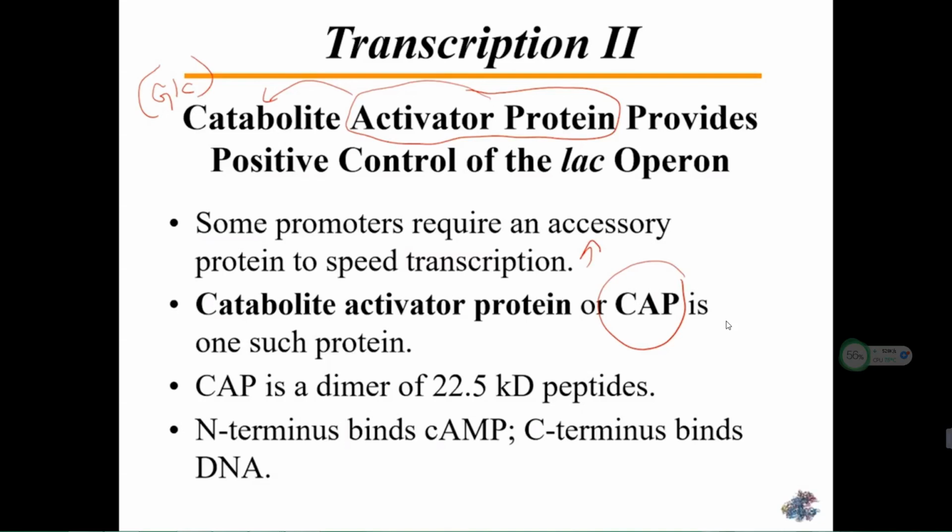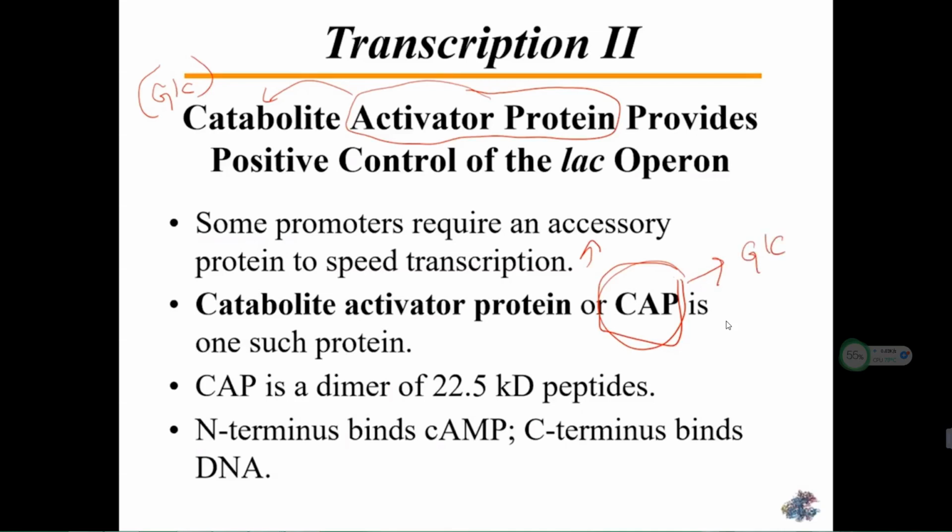It has two 22.5 kilodalton peptides associated with it. And a very unique feature is that at the N-terminal region of each of those single monomeric polypeptide sequences, you can bind cyclic AMP, whereas the C-terminus region will bind the DNA. Okay, so again, this CAP activity will be regulated by glucose, which is the catabolite associated with lactose breakdown.